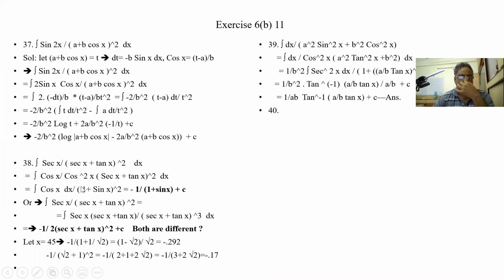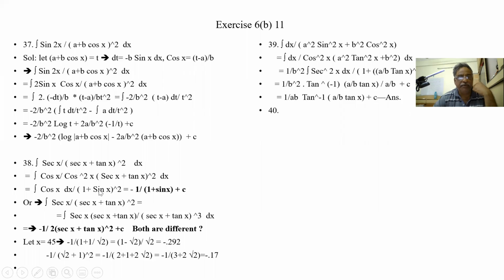Now let us see 38. Integral of secant x by secant x plus tan x whole square. So we can write as, I am multiplying both sides by cos x. Secant x is 1 by cos x. So I am multiplying by another cos x. Cos x by cos square x into secant x plus tan x whole square.